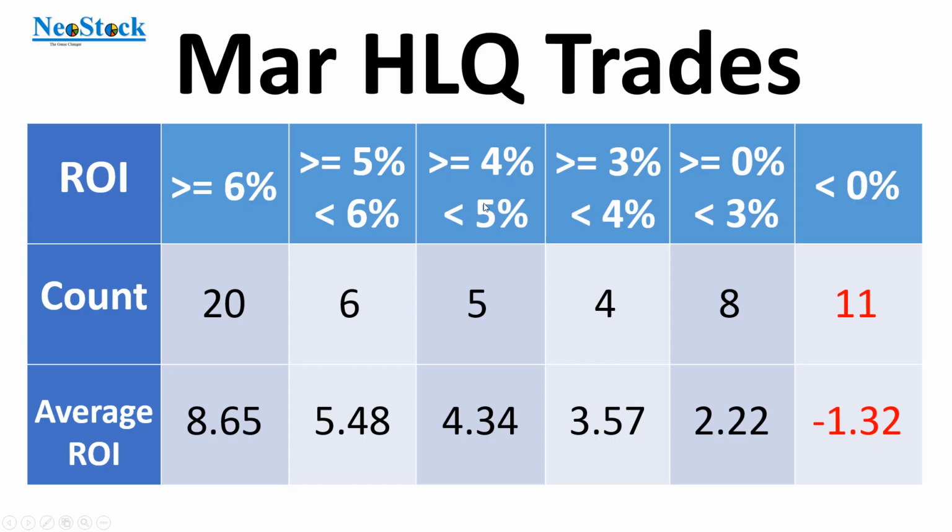Between 4% and 5%, we got 5 trades, and the average ROI is 4.34%. Up to here, it's reasonable. Even the next one is also reasonable. Between 3% and 4% is also a decent ROI, because anything above 2% is a very good ROI. But the beauty of the HLQ zone strategy is that it gives even much higher ROIs. That is the way I designed this software algorithm.